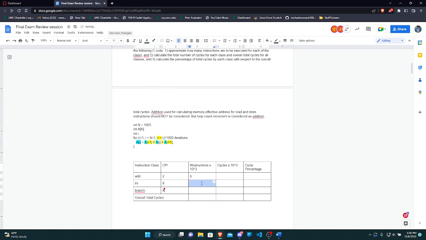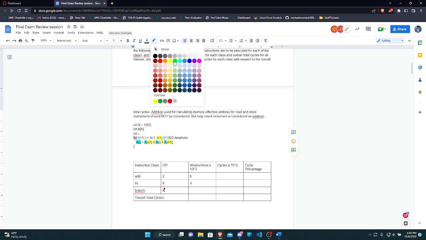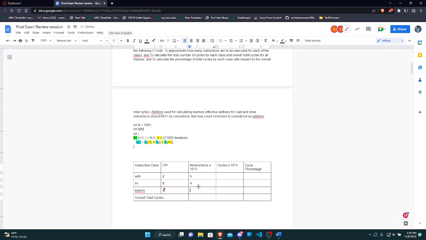So we have 4 load stores. And then branch. The only branch we have here is our for loop. Whenever you see a for loop in code, you can assume that it's going to be 2 branch instructions. So one to check the case and then one to bring it back.